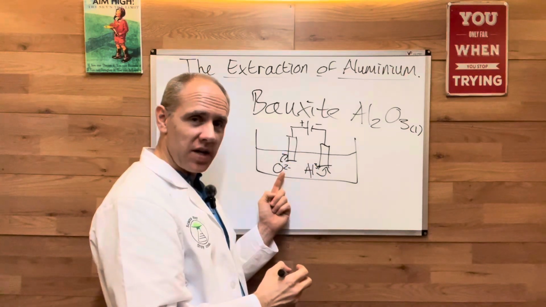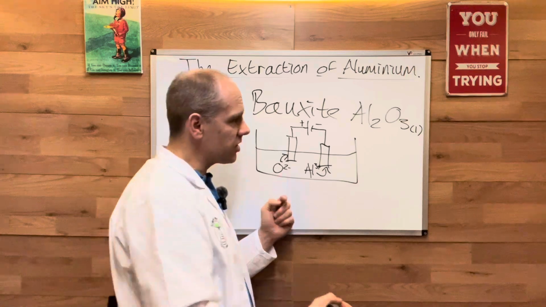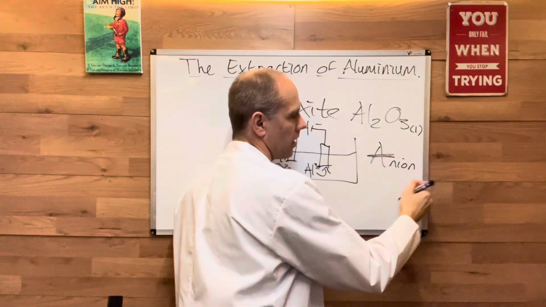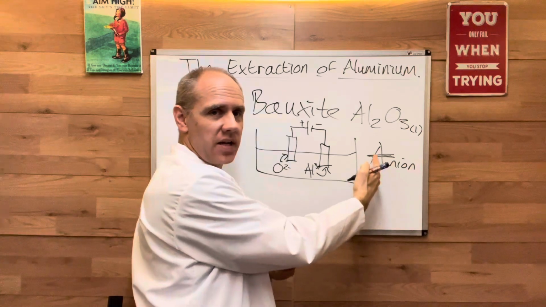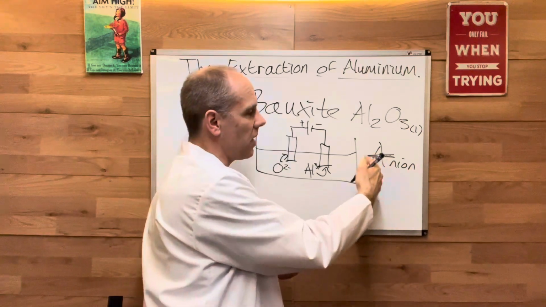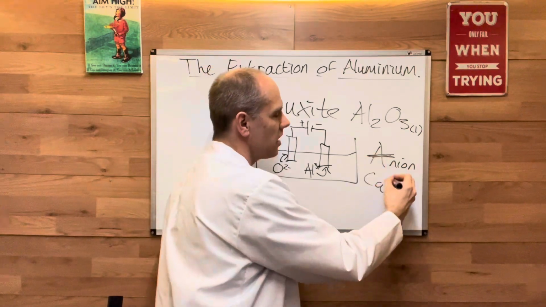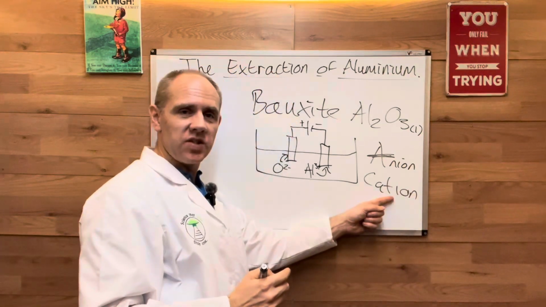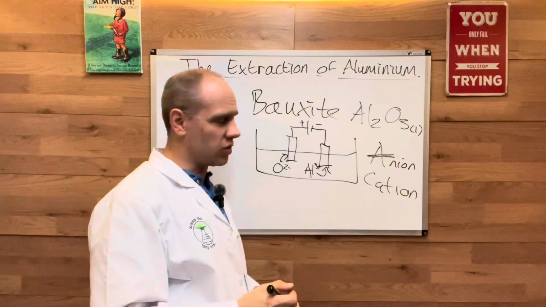The O2- ions are anions. Note, I've done the anion, the an part is a minus, and the cation, which happens to be the aluminium, I've replaced the t with a plus so that you can remember which one's which.